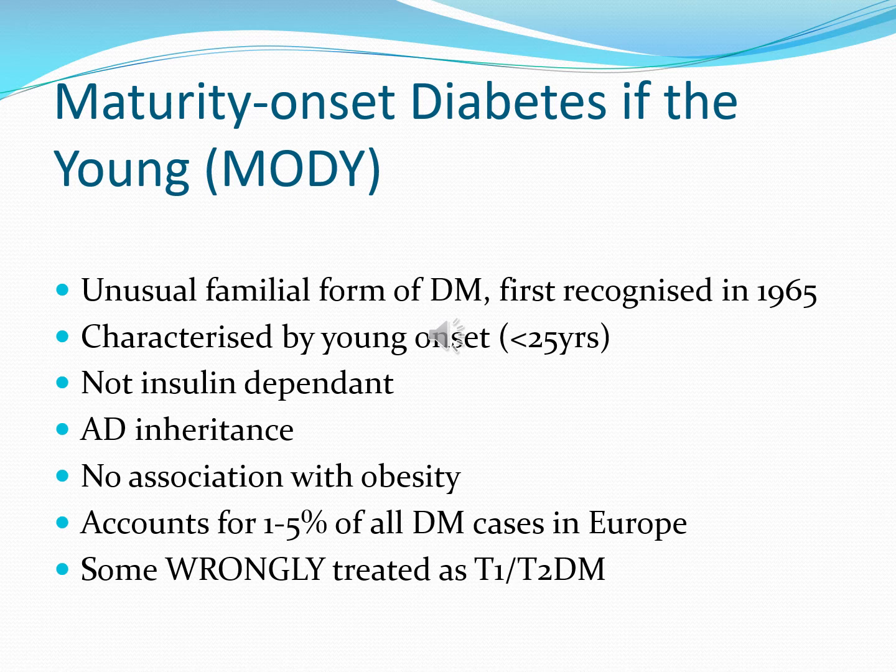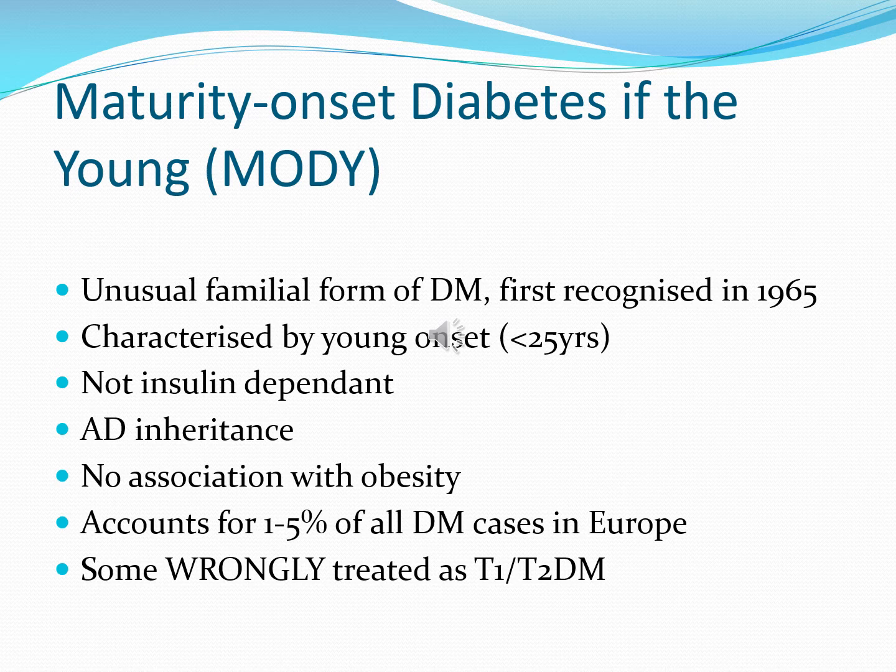Now, we used to just think there was type 1 and type 2, but more recently we've actually identified a third type of diabetes, which we call MODY. Some people call it type 1.5. MODY, maturity onset diabetes of the young. It's an unusual familial form, first recognised in 1965.